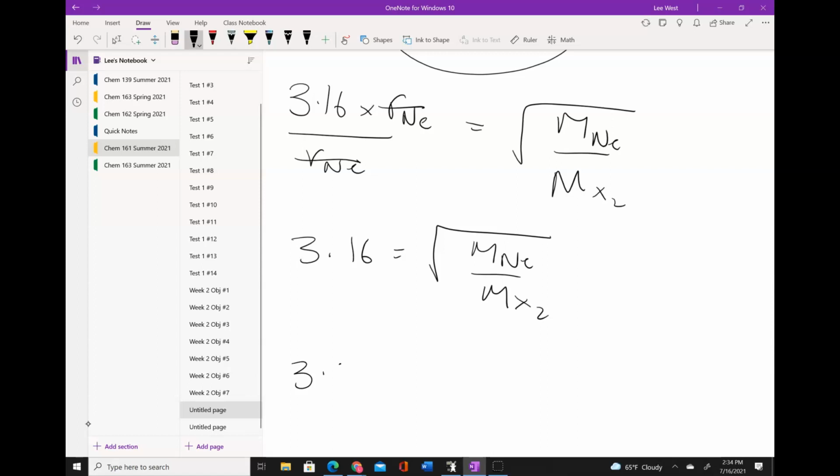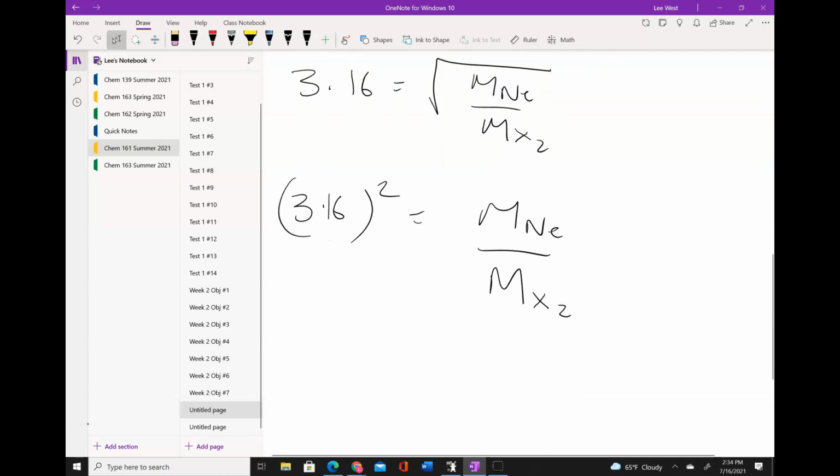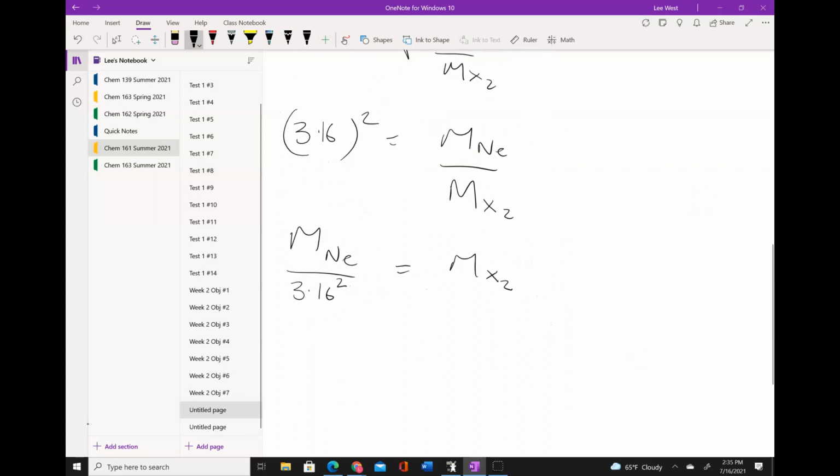If I square both sides, I can get rid of the square root, and then if I reorganize, I can see that the molar mass of neon over 3.16 squared is equal to the molar mass of my unknown gas.